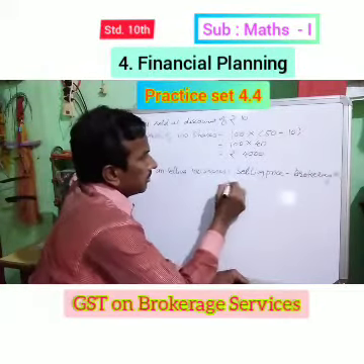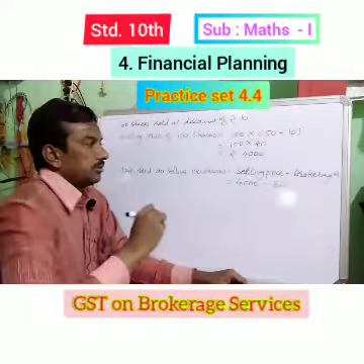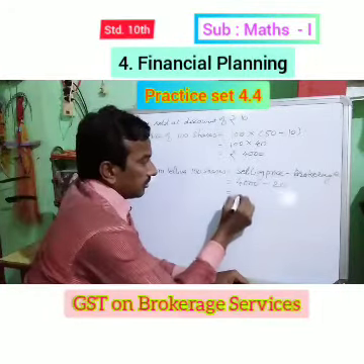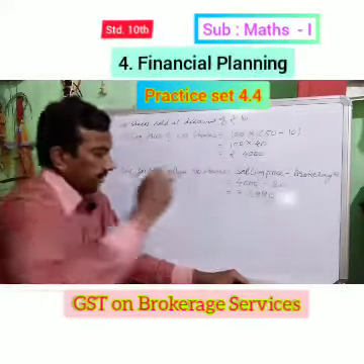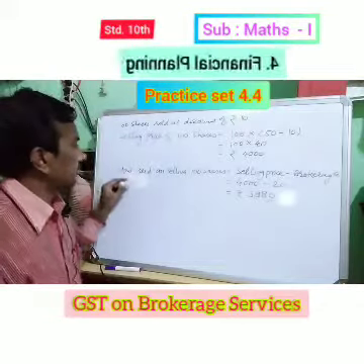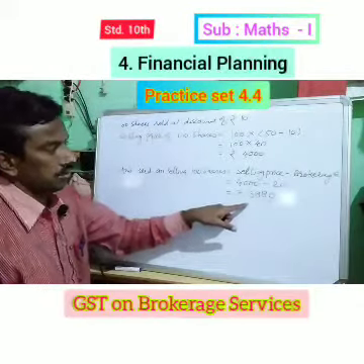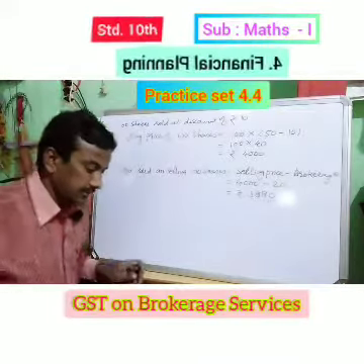Selling price of 100 shares is 4000 minus rupees 20 brokerage, means it will become rupees 3980. Means amount received on selling 100 shares is rupees 3980.